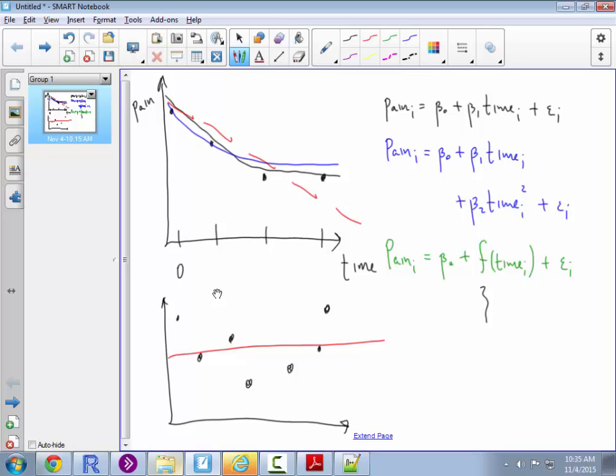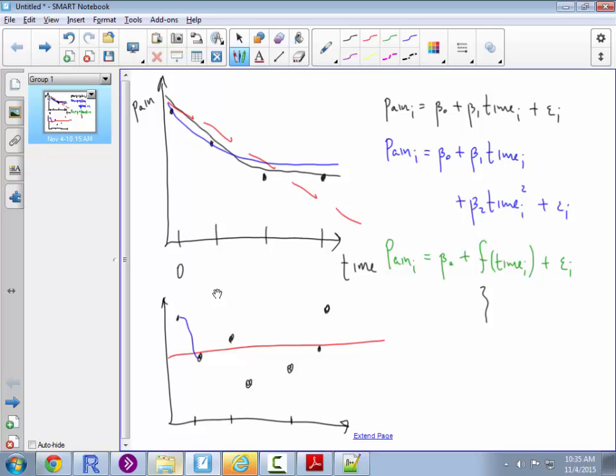What we're going to do is fit what's called a natural cubic spline, which, roughly speaking, picks transition points on the x-axis, and in between those transition points fits a cubic polynomial under the restriction that it has to be continuous at each of those breakpoints.